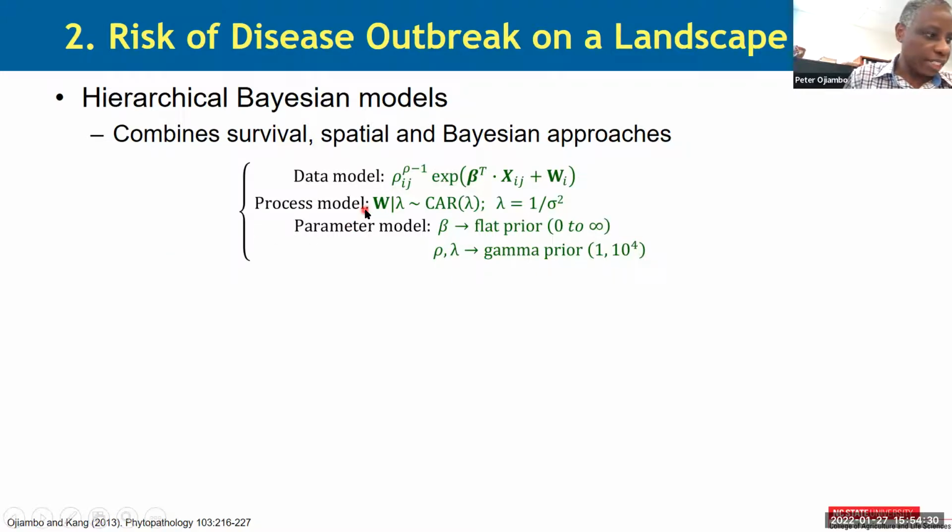The process model describes the unknown random effects at the state level, and we assumed that they follow a conditional autoregressive model in our particular case. That's the one that we chose to describe our data. Of course, lambda is still the intensity of the spatial process. The parameter model is just an indication of the prior distributions in Bayesian analysis. So we define priors for beta, lambda, as well as the survival function.